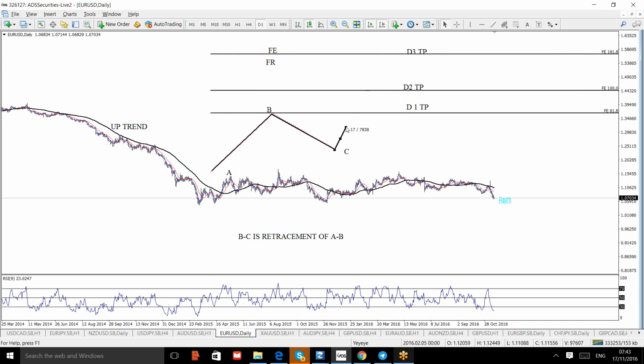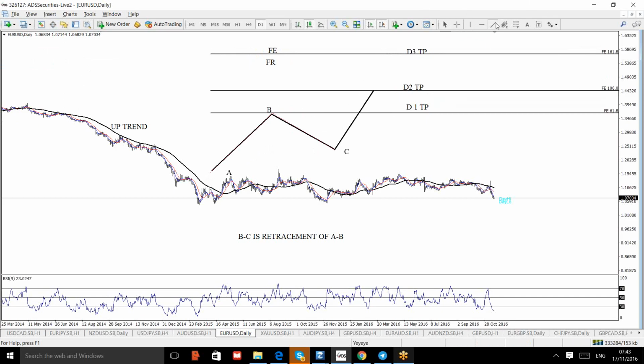The second possibility is the market wanted to take profit at 100% of the move A and B. So the market goes up. In this situation, guys, if the market wants to take all its profits at 100%, leg D will end at 100%. And then what happens?